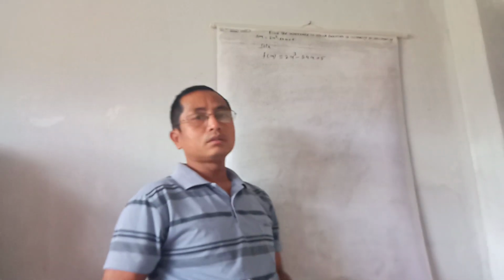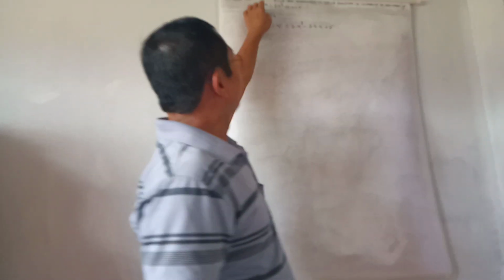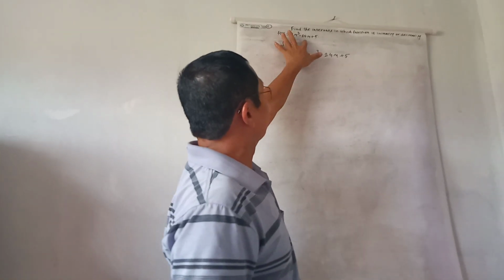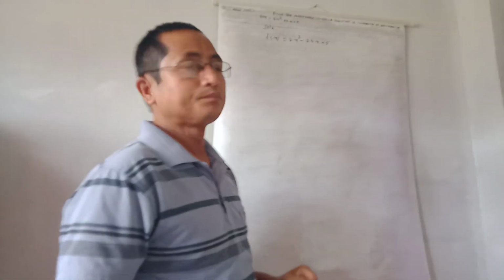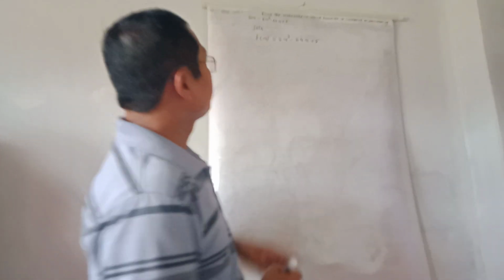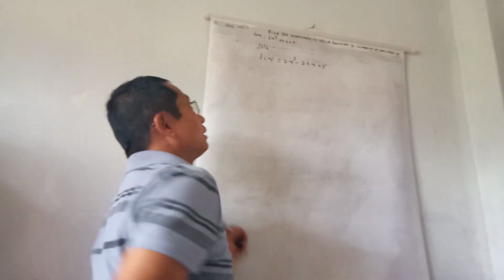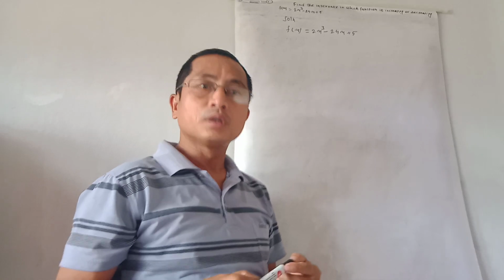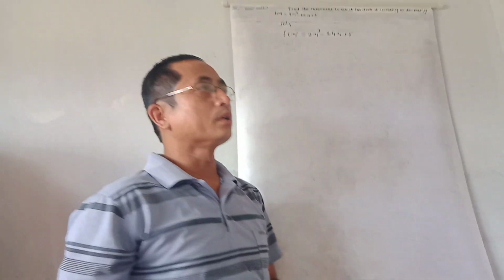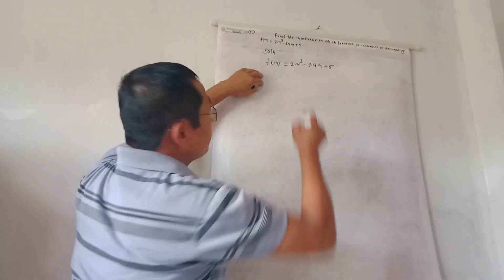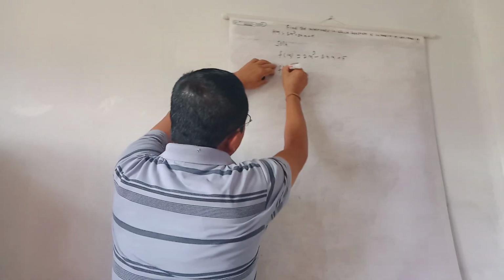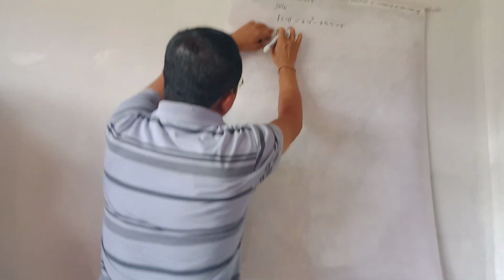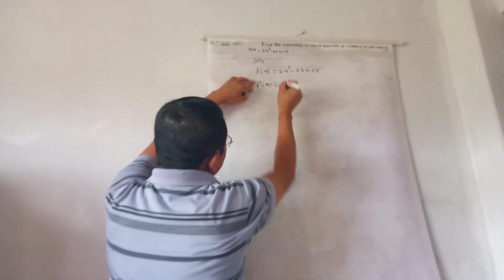Here the function is given: f(x) is equal to 2x cubed minus 24x plus 5. So, solution: f(x) equals 2x cubed minus 24x plus 5. First of all, you have to find the derivative of the function, f'(x).